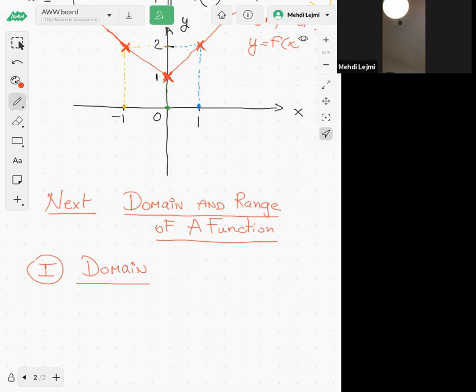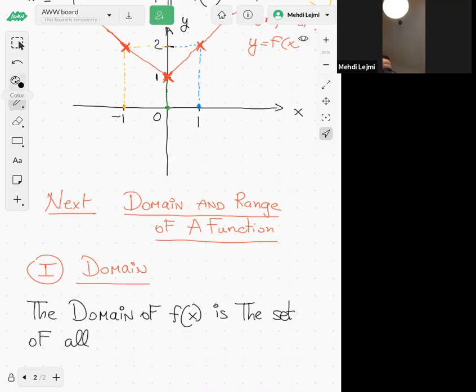Let me write down the definition. The domain of function f is the set of all x values that you can input. The domain is about the inputs, the set of inputs.